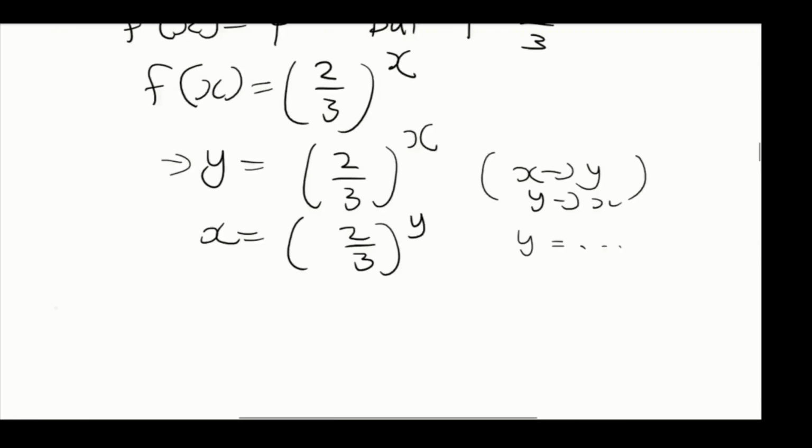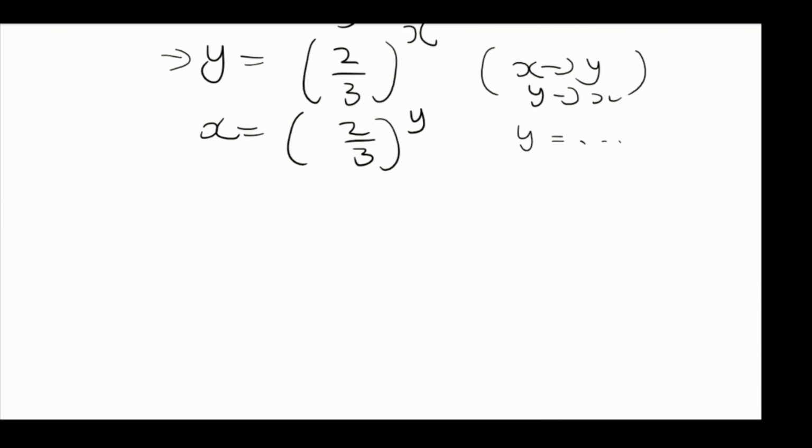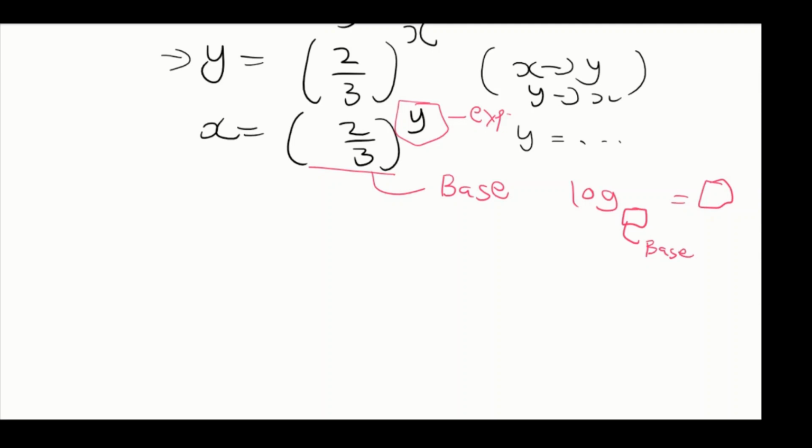So for us to write y equals, we need to solve this problem here using logs, right? So note that this is our base, and this is our exponent. In logs, you should note that the base is at the bottom, so this would be the base, and this would be the exponent, which is what the log equals.